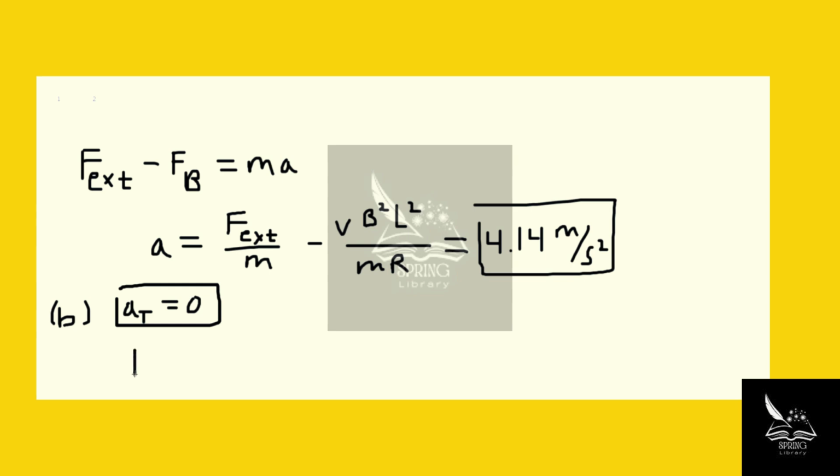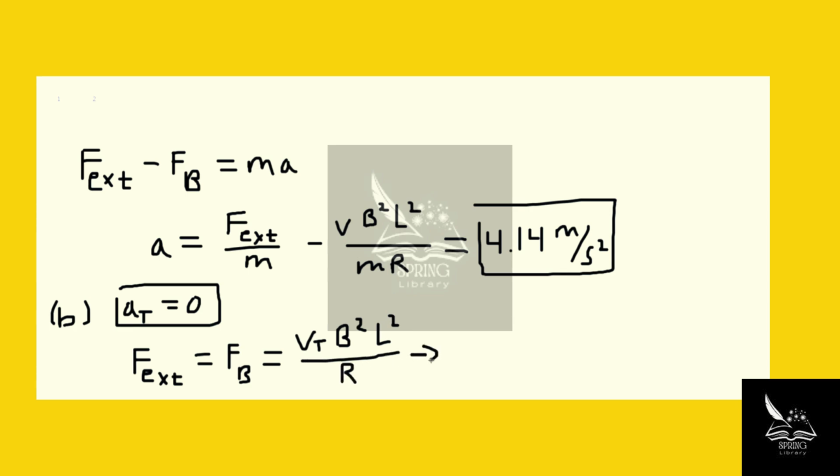The terminal velocity happens when the external force is equal to the magnetic force. Therefore, F external is equal to V terminal times B squared times L squared divided by the resistance.